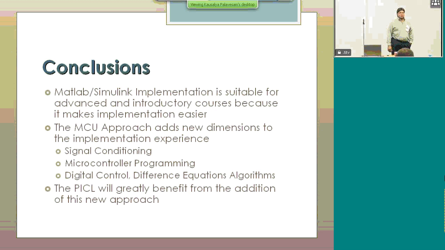Anybody else? Any other questions? Not too many people know controls here, right? I'm sorry. I think it's important, though. That's why I'm here. You saw a lot of things in the demonstrations today, and I didn't see much about feedback control. I think feedback control is important today.